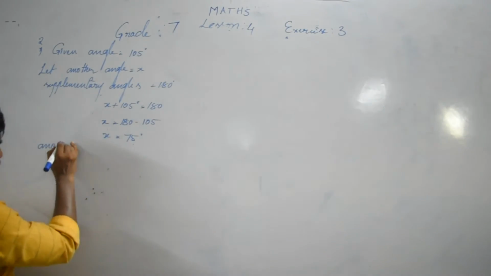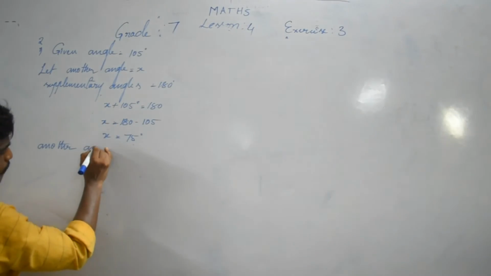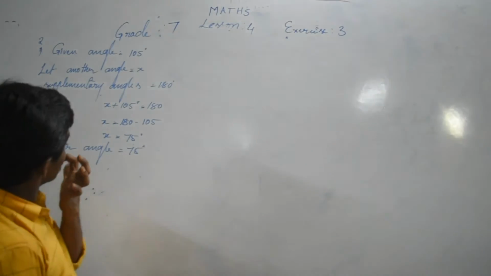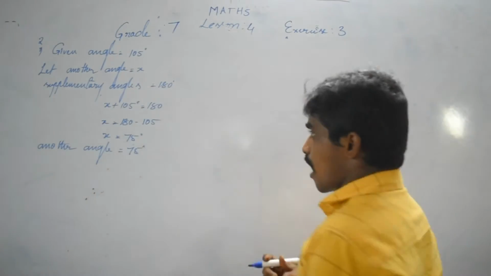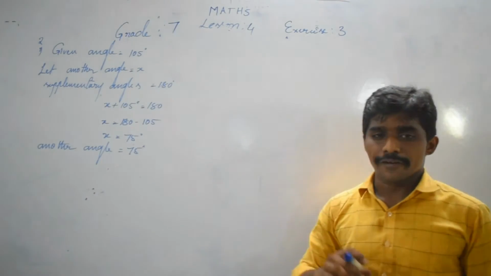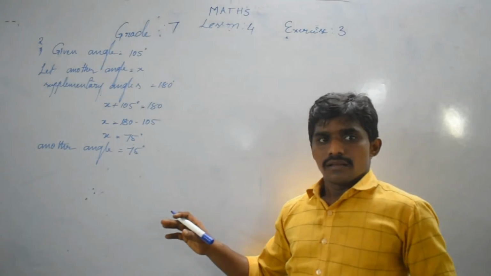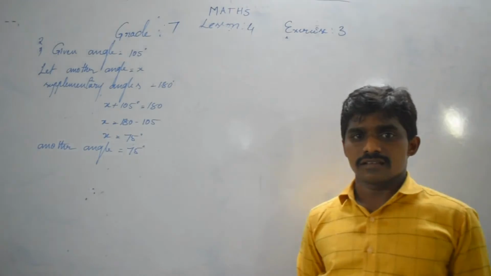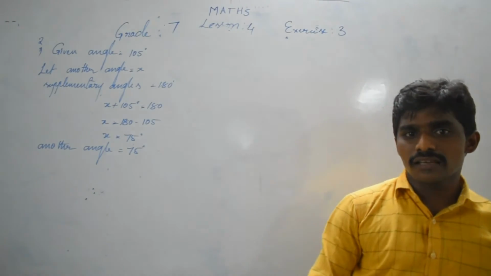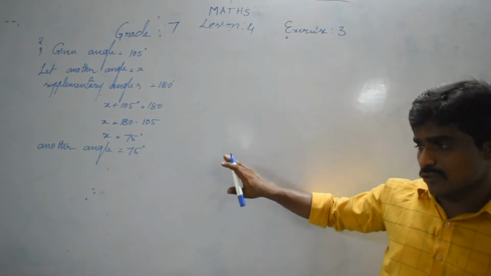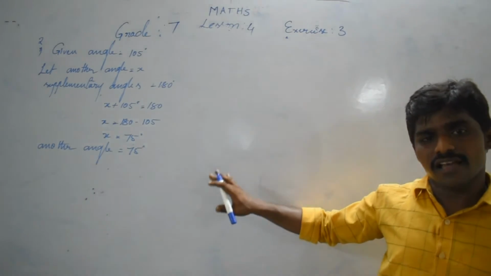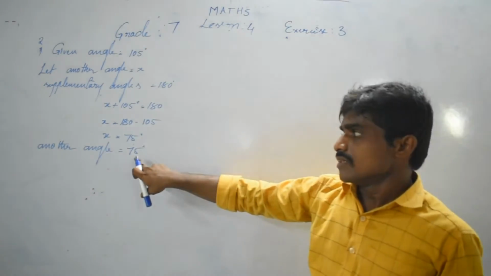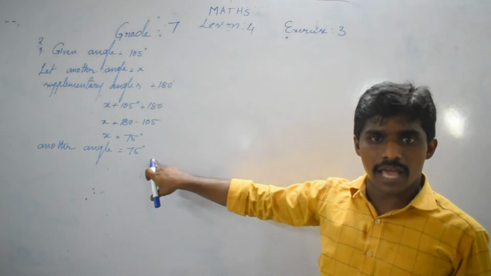The other angle is 75 degrees. Here, one small note, an important point. Any two angles that are supplementary, one angle is the acute angle and one angle is the obtuse angle. 105 is the obtuse angle, 75 is the acute angle.